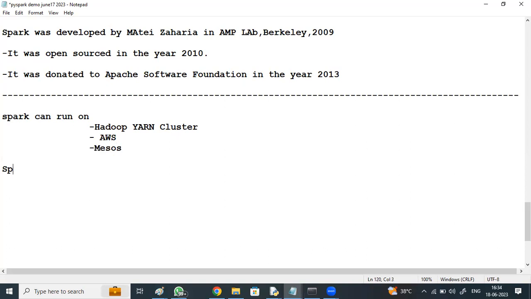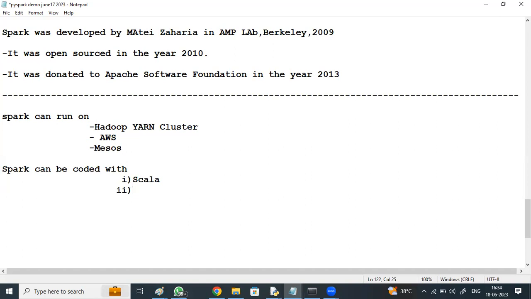Spark can be coded with Scala programming. It can be coded with Python.